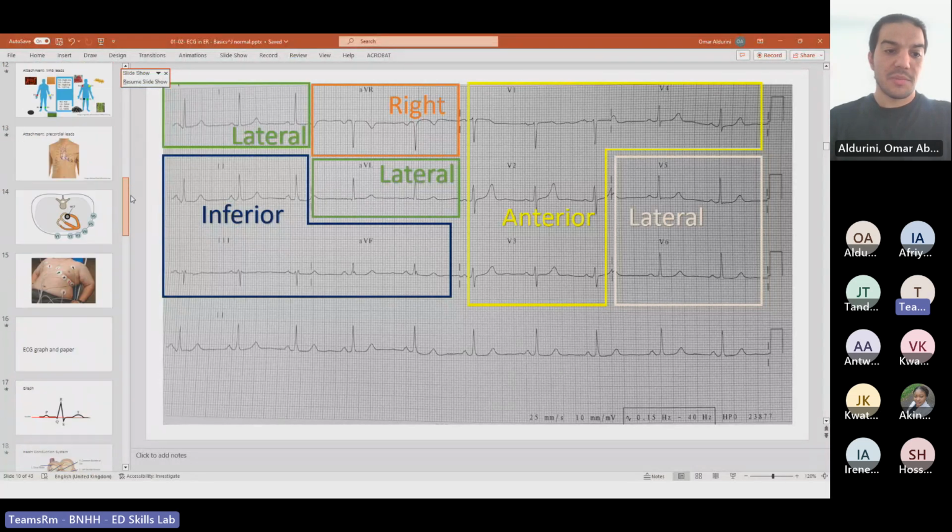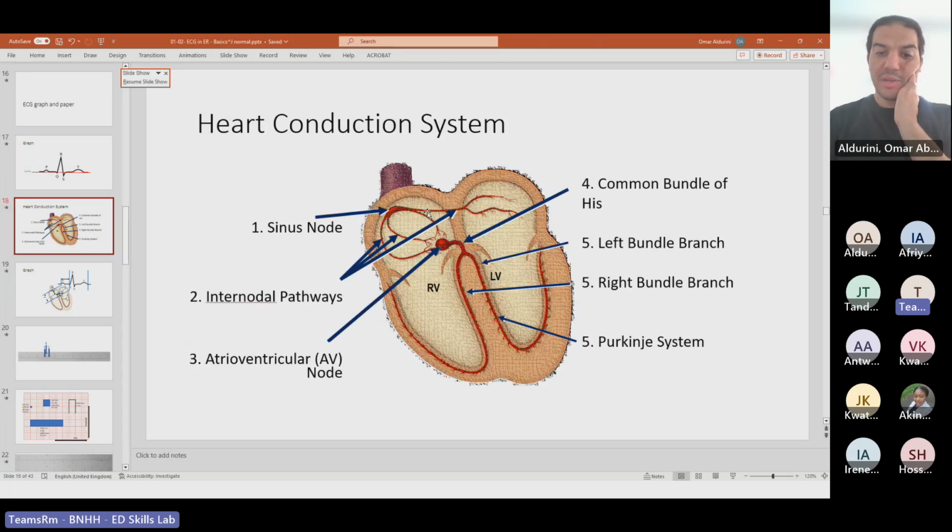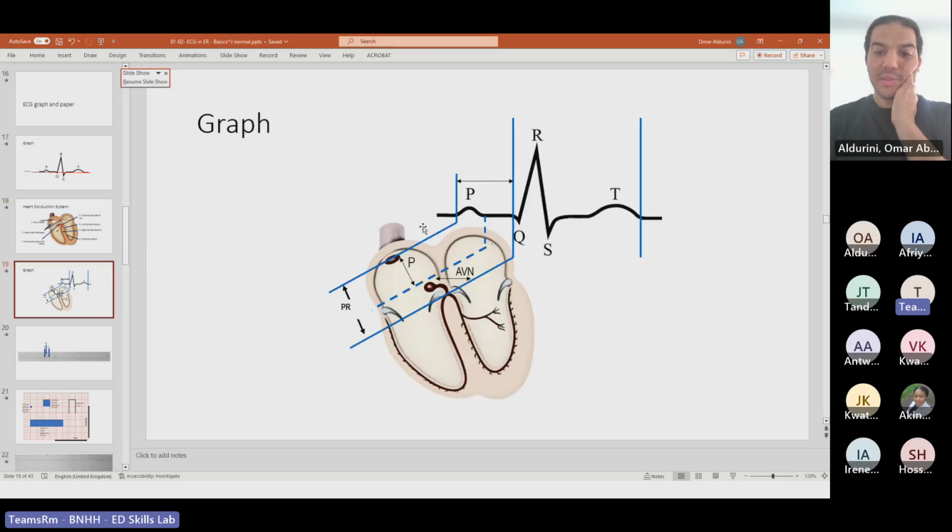If you remember from the first session, we said that the P wave is when the electricity comes from the SA node down to the AV node, and then it stops here, and then it travels down the ventricles to give us the QRS complex and the T wave, and then it stops, and then it starts again at the P wave.